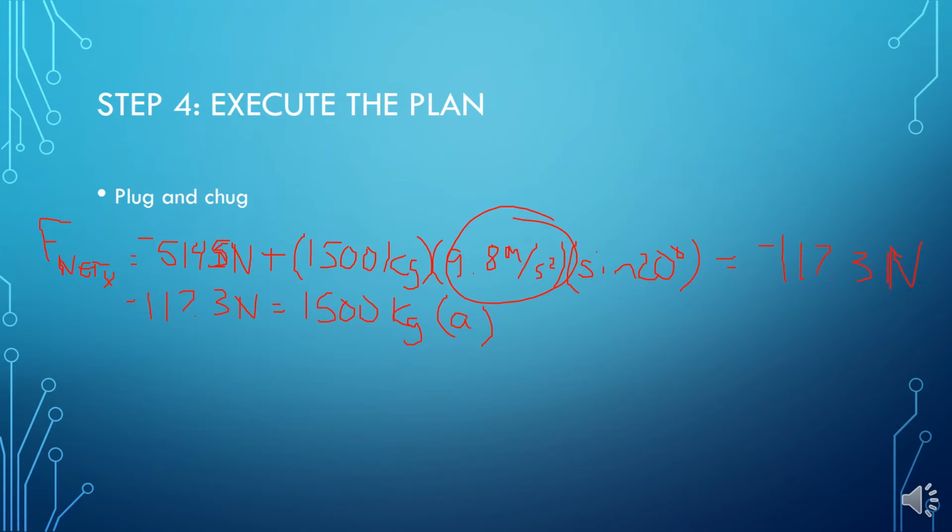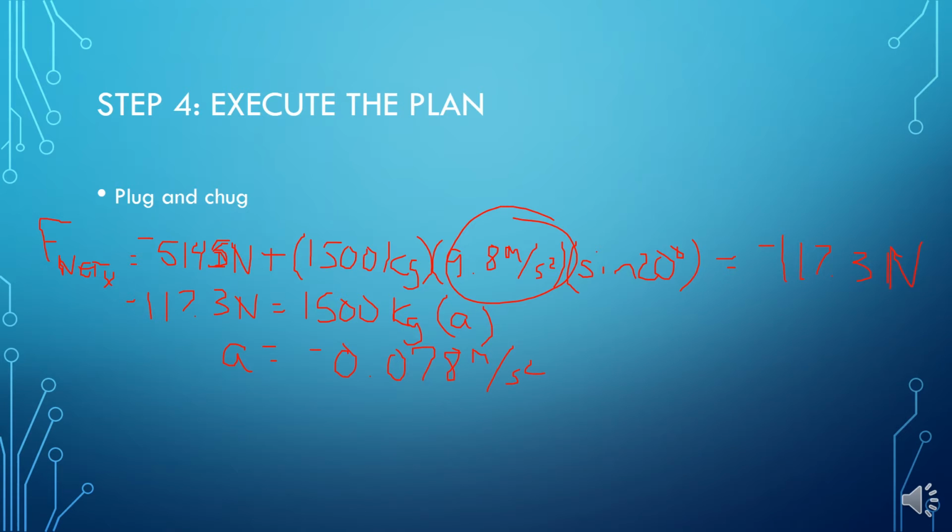I'm going to divide 117.3 by 1,500, and I get that a equals negative 0.078 meters per second squared. Newtons are kilograms times meters per second squared, so when I divide by kilograms, I get meters per second squared.